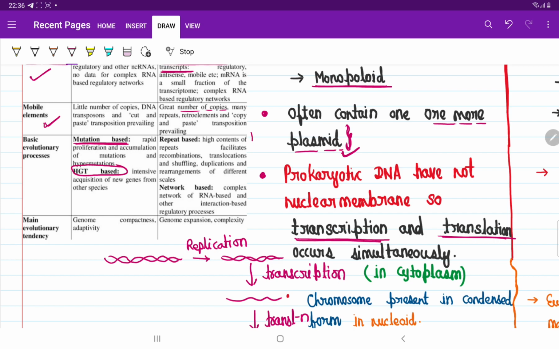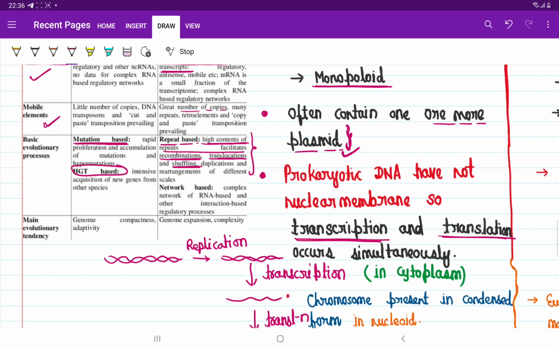But here, if you see the basic evolutionary process, they have a high content of repeated DNA sequence, which will facilitate recombination, translocation, and shuffling. This recombination, translocation, and shuffling is present mostly in our eukaryotes.